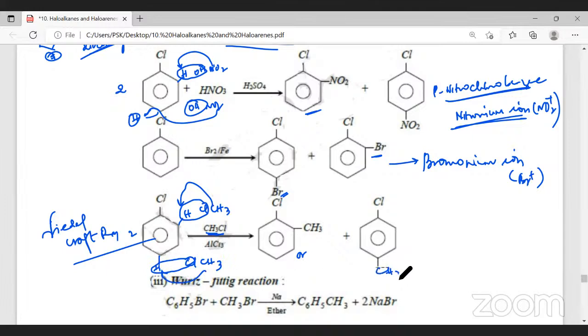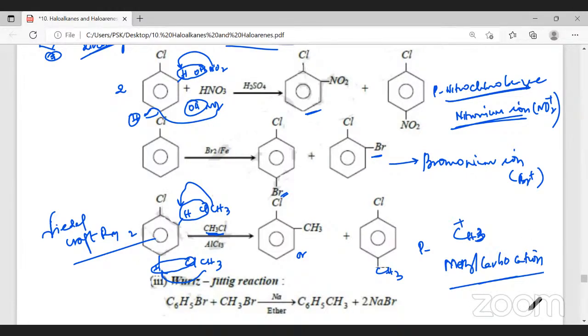Therefore, you get a para substituted product. All right. So in the case of Friedel-Crafts alkylation, the electrophile is CH3 plus, called the methyl carbocation. So what's the electrophile in the alkylation? It is the methyl carbocation, CH3 plus.